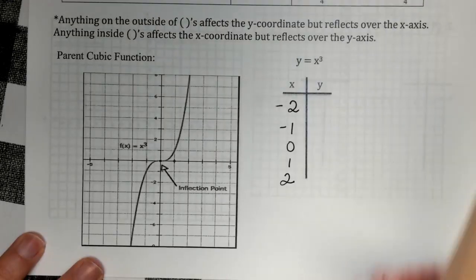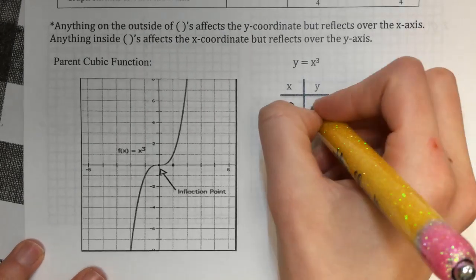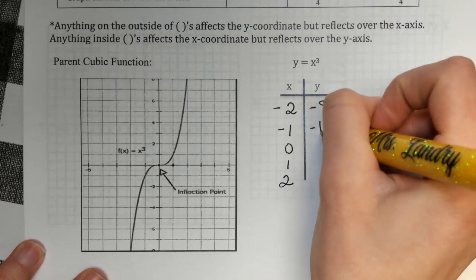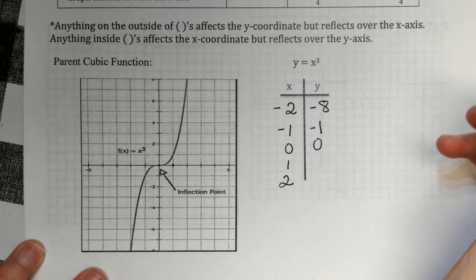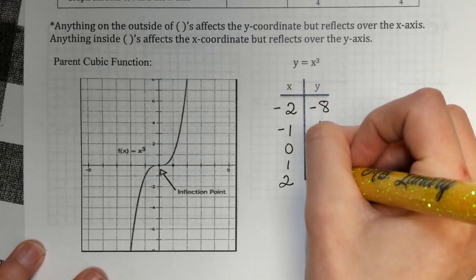And we're going to take that and cube it. So if I take -2 and cube that, that gives me -8. -1 cubed is -1, 0 is 0. 1 cubed is 1, and 2 cubed is 8.